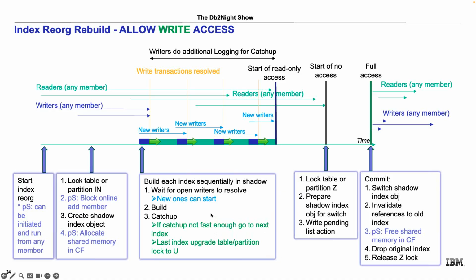Then the shadow index is built and brought up to date by applying changes from concurrent transactions. If the catch-up is slow, the reorg will move on to the next index. It will not wait on this index forever. We are smarter, we move on to the next one.